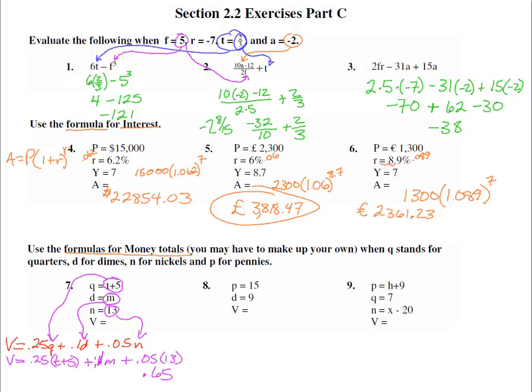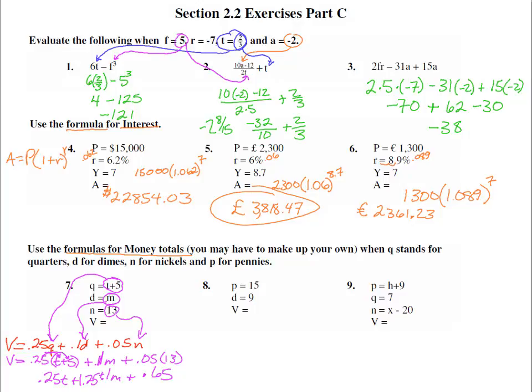That's a nice one. 0.1 m, just 0.1 m, can't do anything about that guy. This one, we've learned some ways of simplifying. We can distribute this guy in like that. So this is 0.25t plus 0.25 times 5 is 1.25. So we just use the distributive property there.